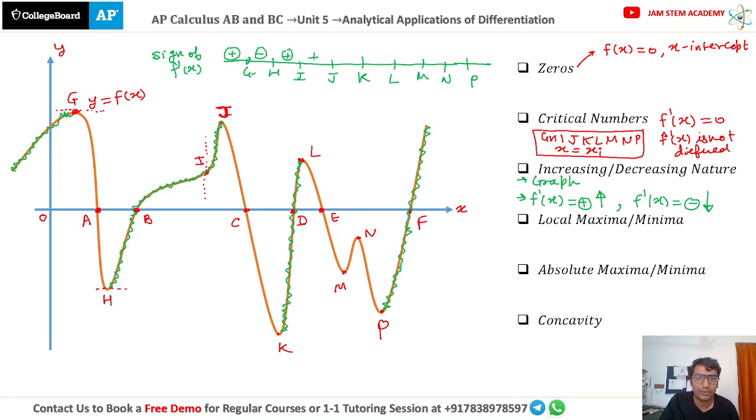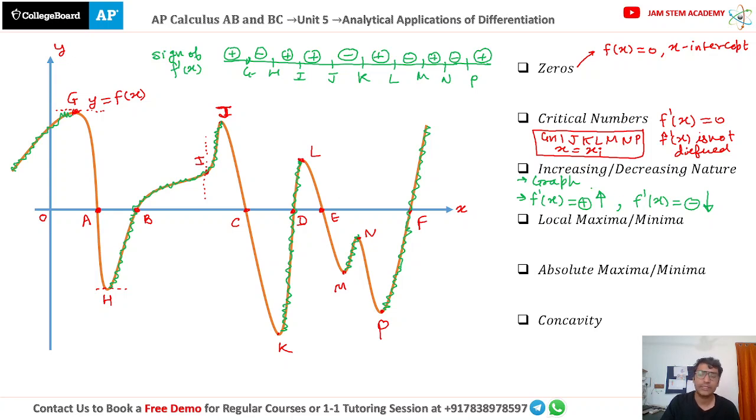So I to J positive, positive to positive, positive to positive again. Then you will find it negative for this one, positive for this, K to L. L to M it is negative, M to N it is positive, so the function is increasing in that region, and for N to P it is decreasing, negative, and after P it is positive.